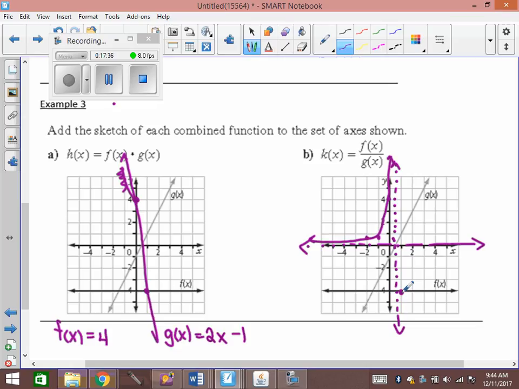Then at 2, I'm going to have negative 4 divided by 3, which is negative 4/3. Oh, and the earlier one was 4/5, not 5/4. And then you're going to get your curve running along the asymptote, right? So the key is to find out wherever g of x equals 0 and do an asymptote first.